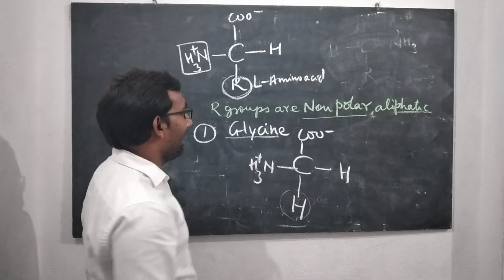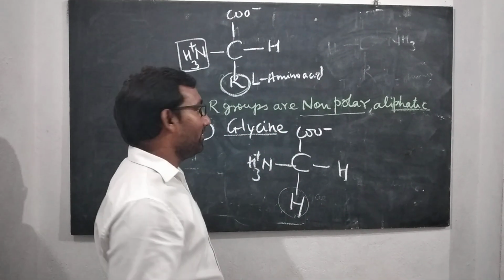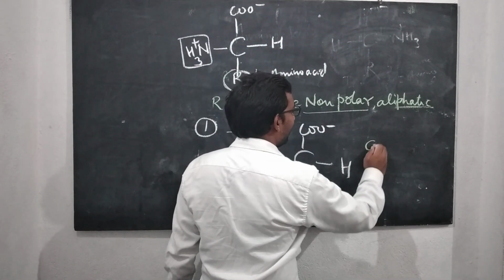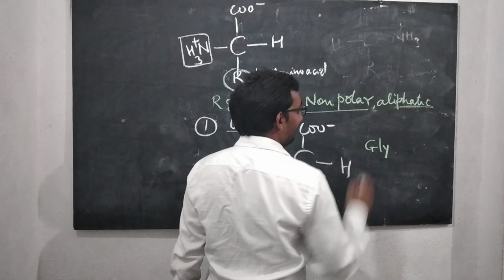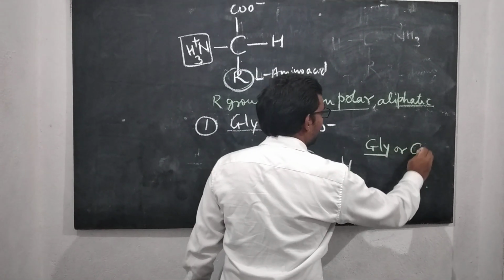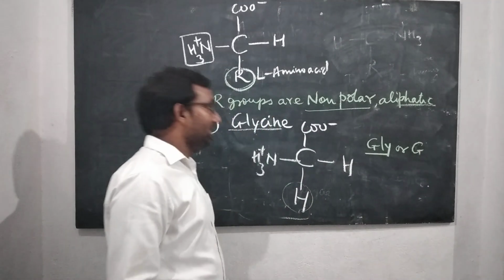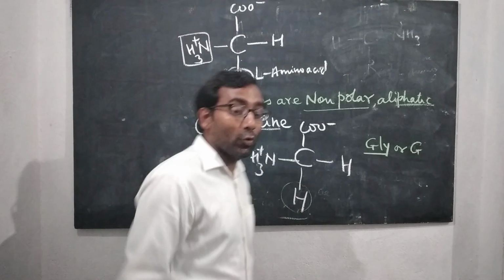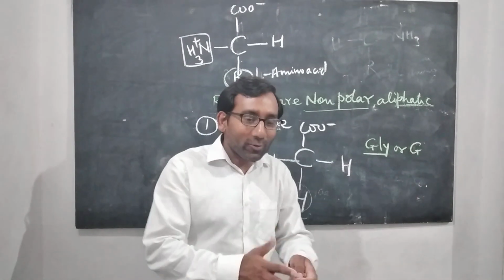We have a 3-letter symbol and a 1-letter symbol for glycine: GLY, the 3-letter symbol, or simply G. So this is the structure of glycine. Now if I ask you one question, what is that question?